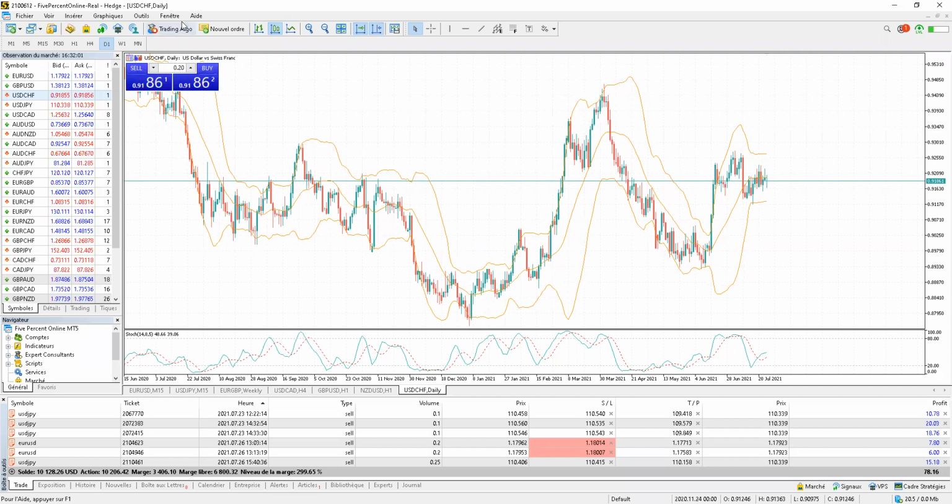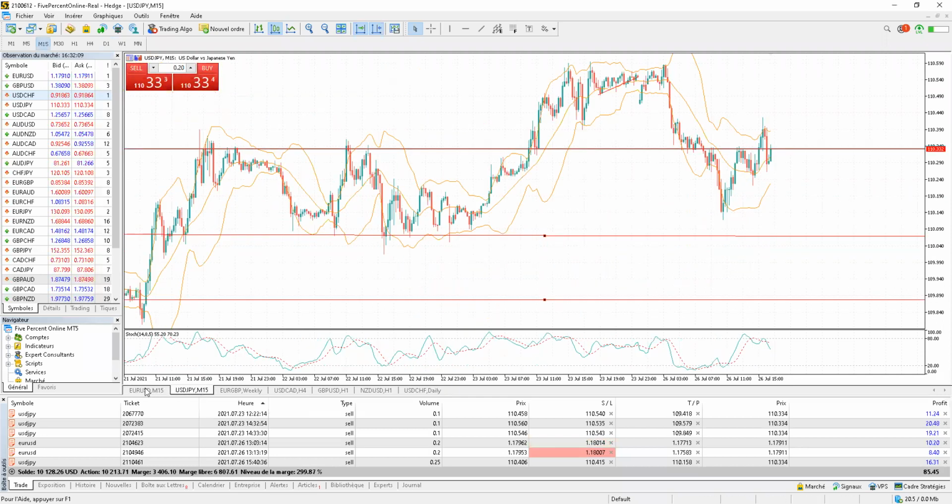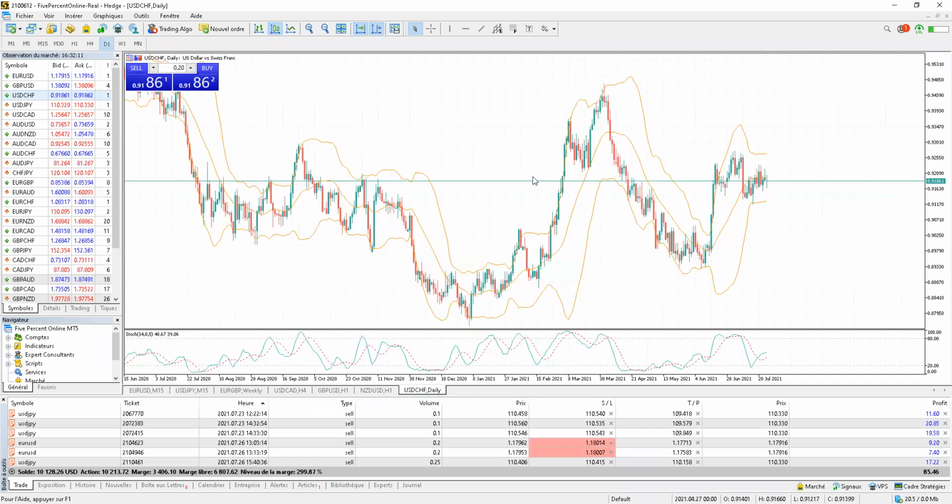I think we are exactly at the GBPJPY. We'll also talk about that just after. Okay, so let's talk about these pairs and then I will talk about the GBPJPY, also the Australian pairs, and I will finish with that. Okay, so let's start.